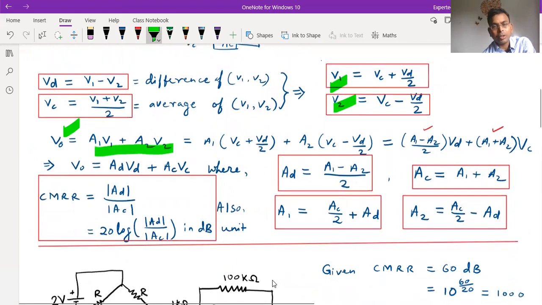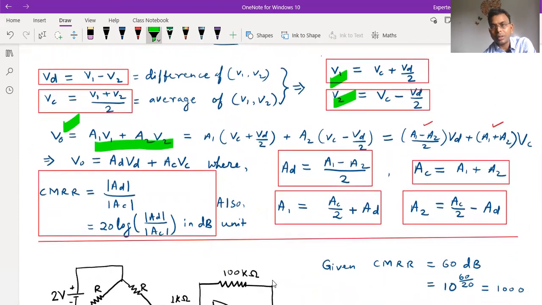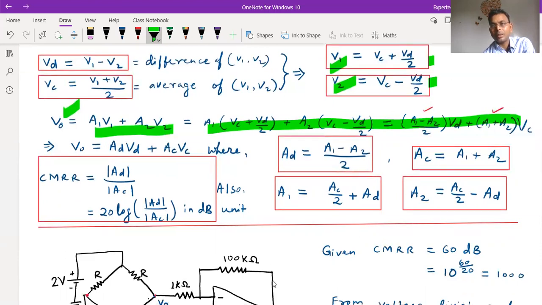We can put in the values of V1 and V2 from these two equations, and we get this equation. We can rearrange it in terms of VD and VC, where the coefficients are nothing but AD and AC.